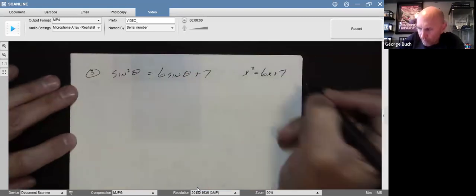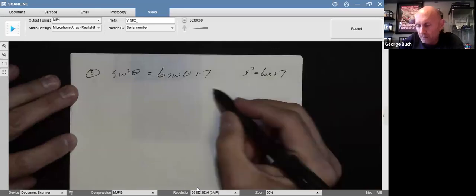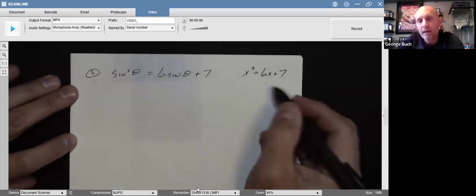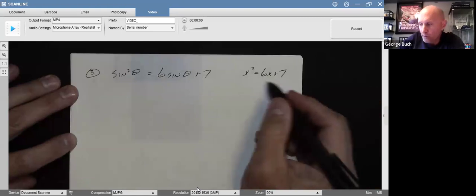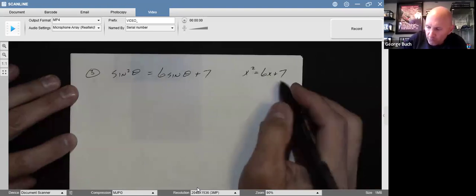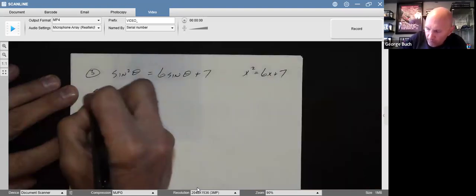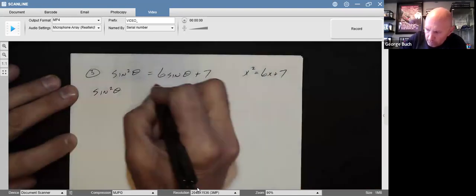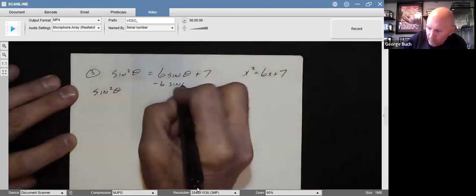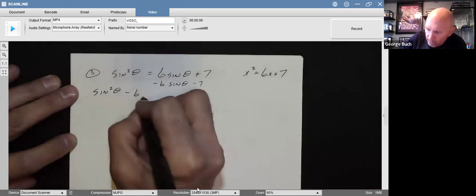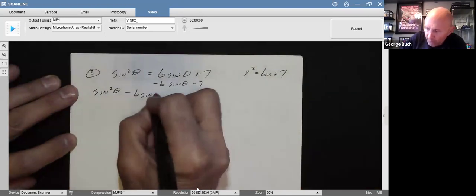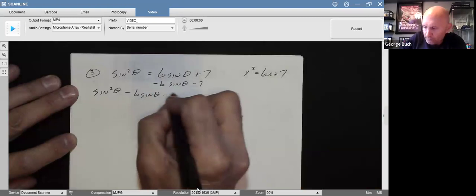So I have to do what? I have to get everything to the left side so I have a quadratic, and then I can factor and use zero property rule. So I'm going to do the same thing here: sine squared of theta minus 6 sine of theta minus 7 is 0.